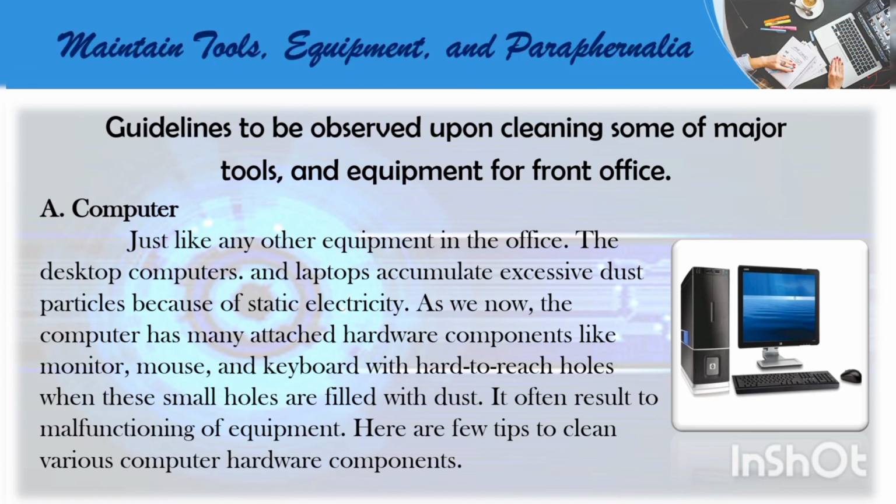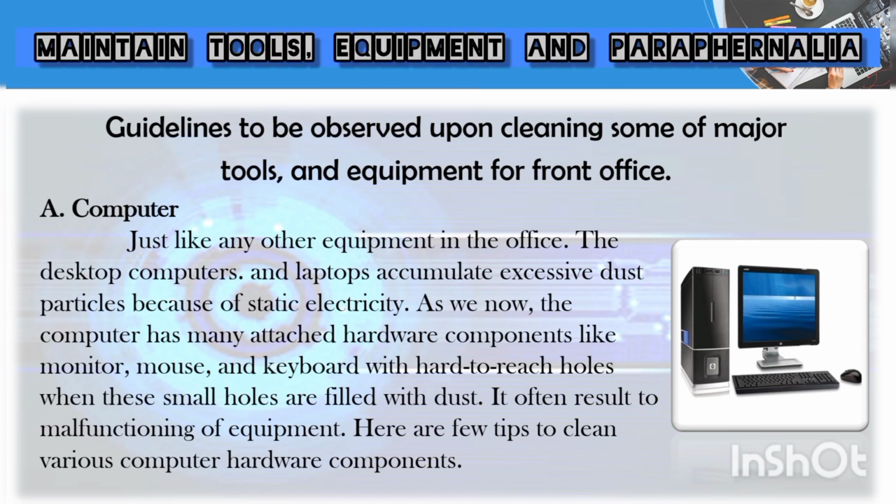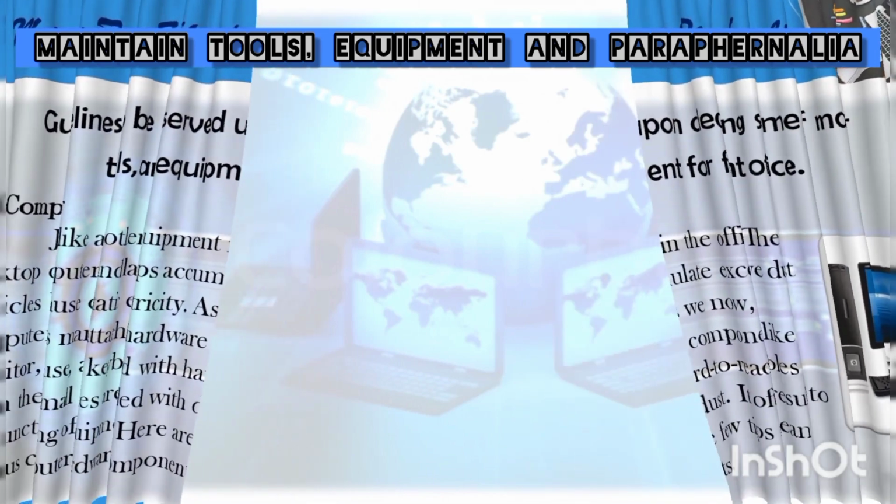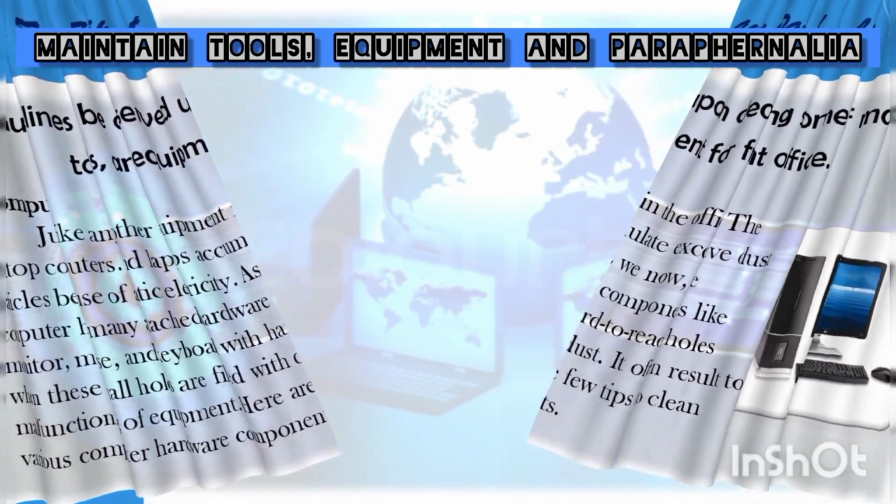When these holes are filled with dust, it often results in malfunctioning of the equipment. So here are a few tips to clean various computer hardware components. Please take note of this.